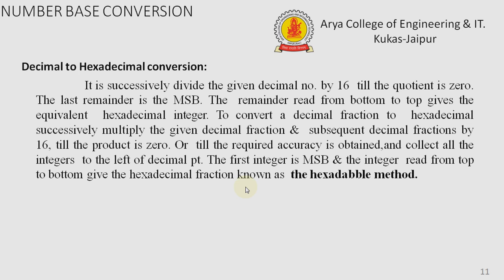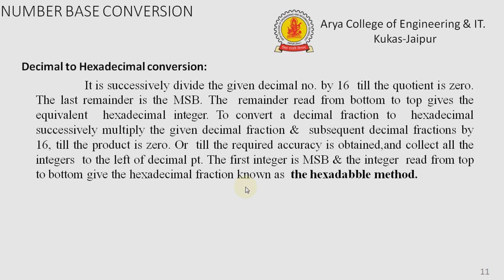To convert a decimal fraction to hexadecimal, successively multiply the given decimal fraction and subsequent decimal fractions by 16 till the product is 0, or till the required accuracy is obtained, and collect all the integers to the left of the decimal point.